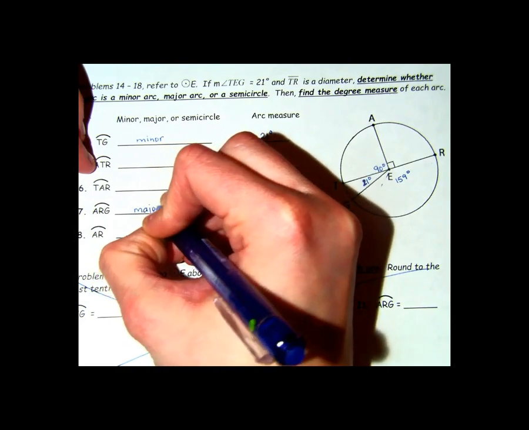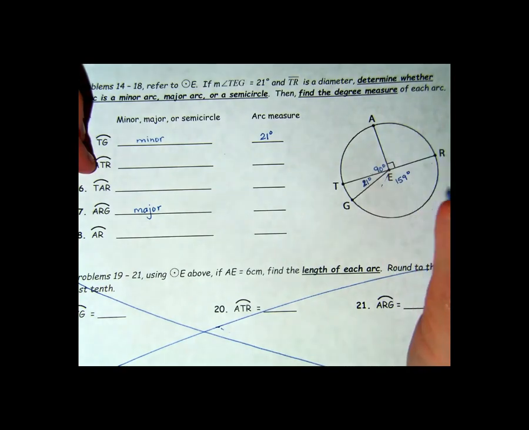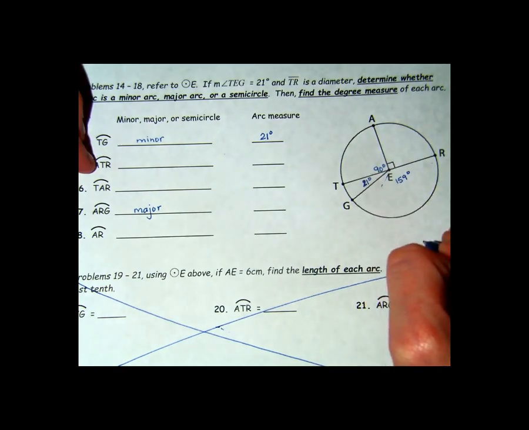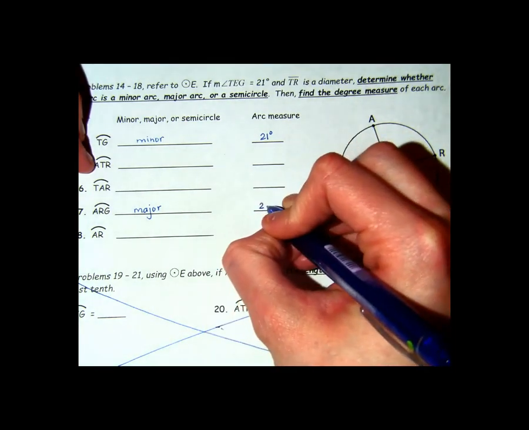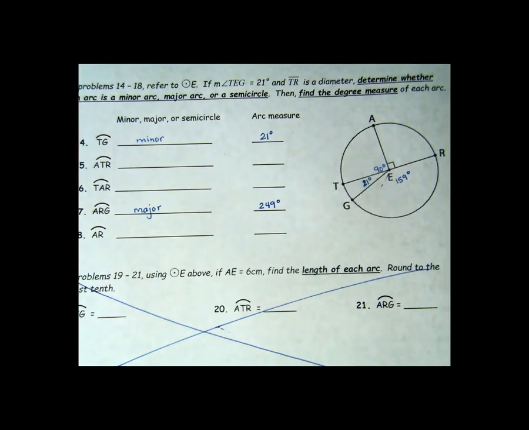How do I find the degrees of ARG? 90 plus 159, which is 249. That is how you are going to do the entire back. The only difference is 22 through 27, you have to set them equal to each other and solve for x. But then write down what you know. You're working on this for the rest of class.